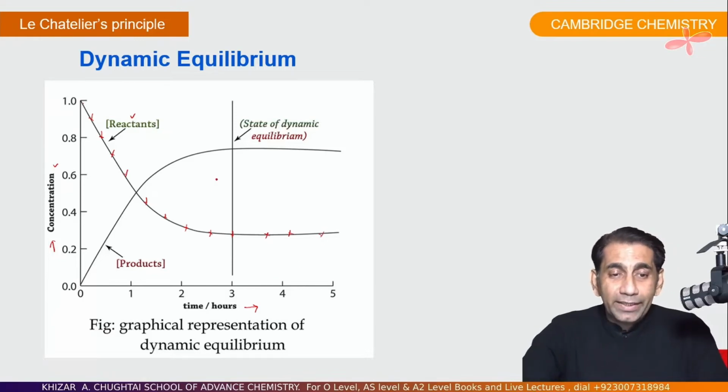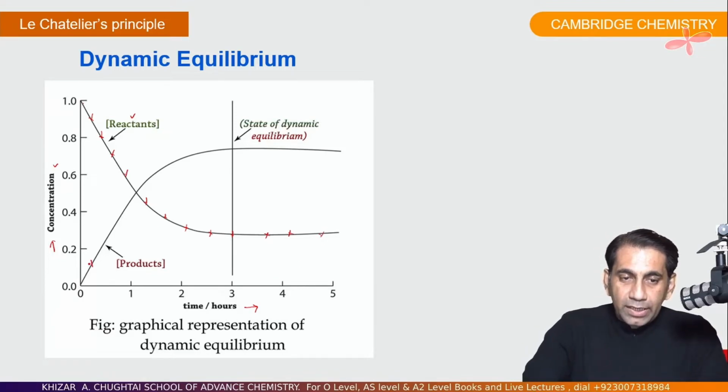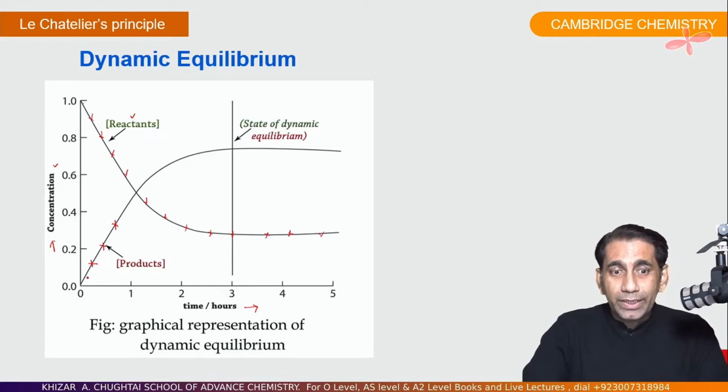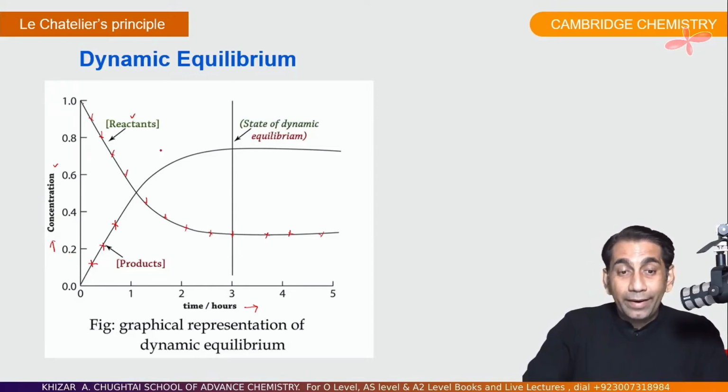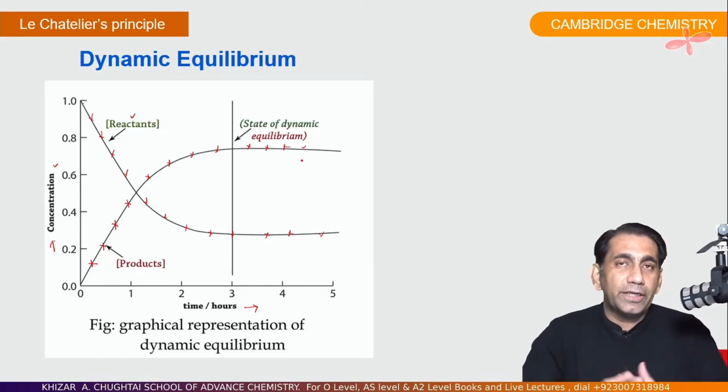The second line, starting from zero, shows the change in concentration of the product, the increase in the yield being formed in this chemical reaction.